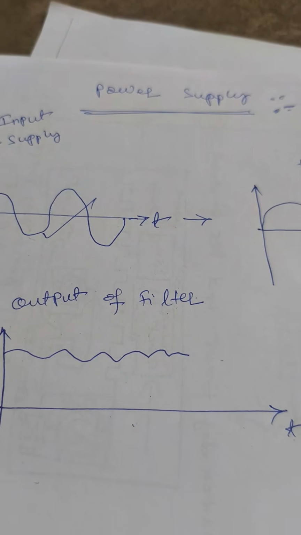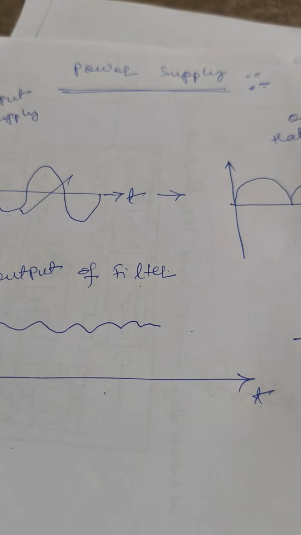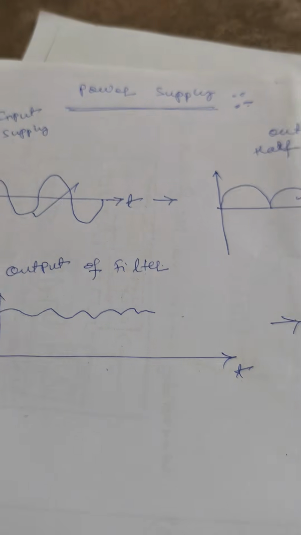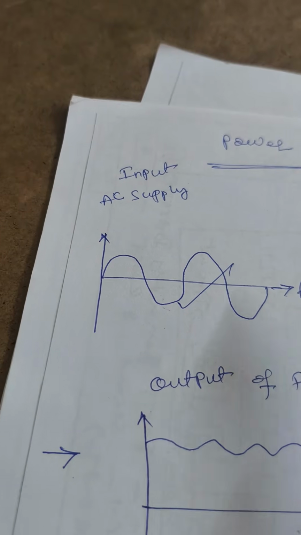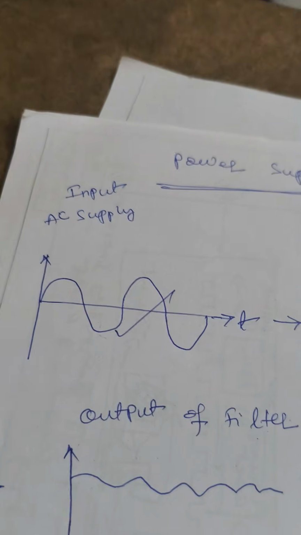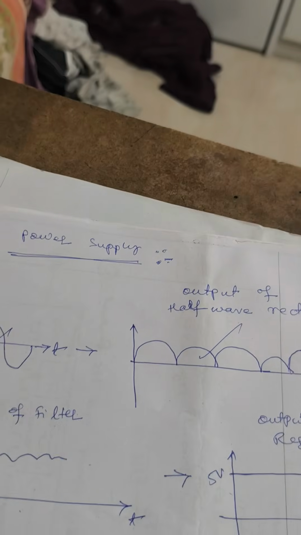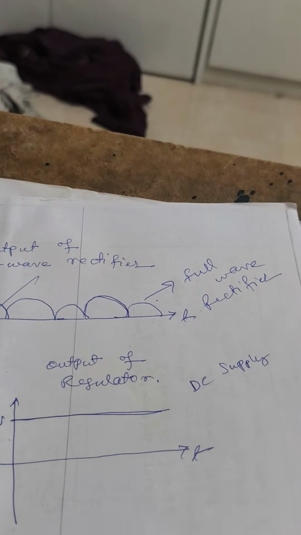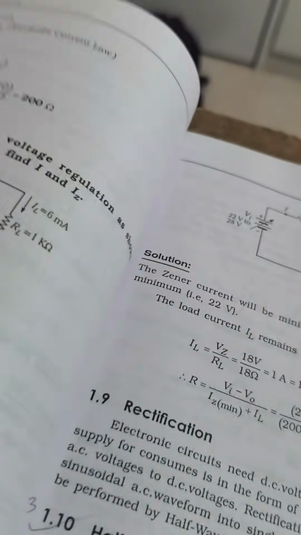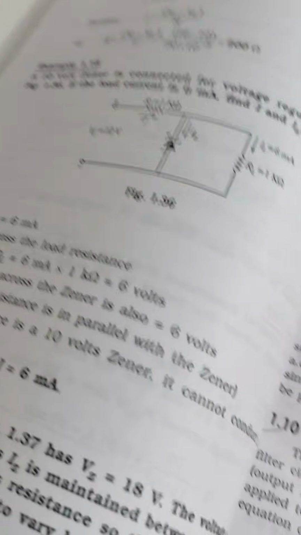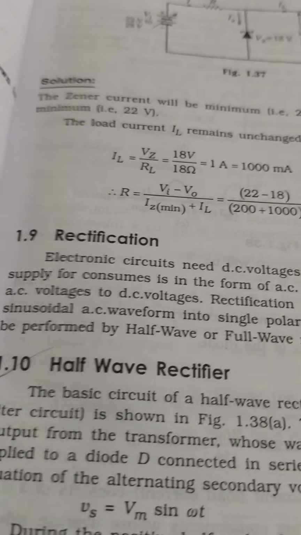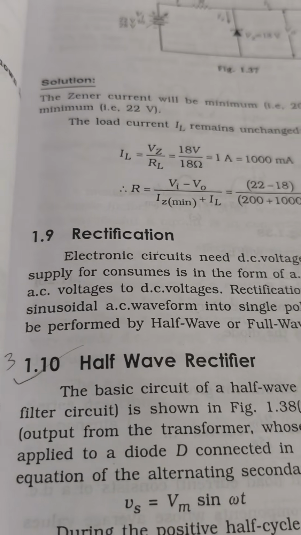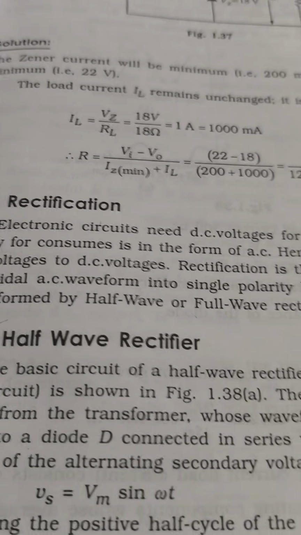Afterwards, we'll discuss in detail what a half wave rectifier is and how we can convert AC to DC using a half wave rectifier. That we'll discuss in this book. Here, rectification means converting AC to DC.